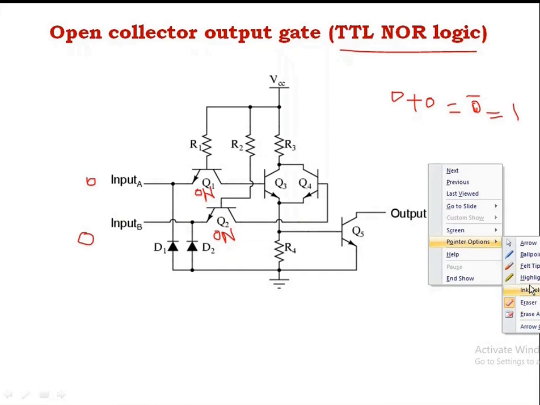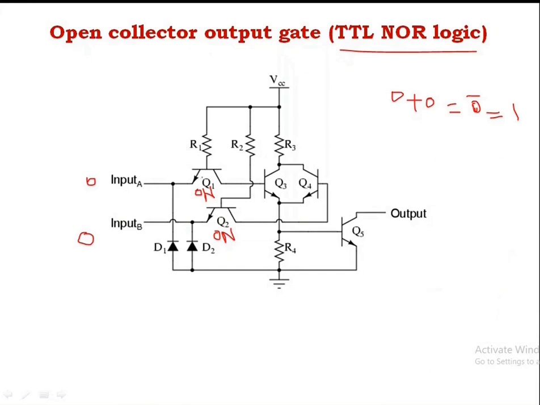When the transistor is on, you can see collector will be low. So this low collector is given to the base of Q3. So base of Q3 is low. So what about your Q3? Q3 is off.